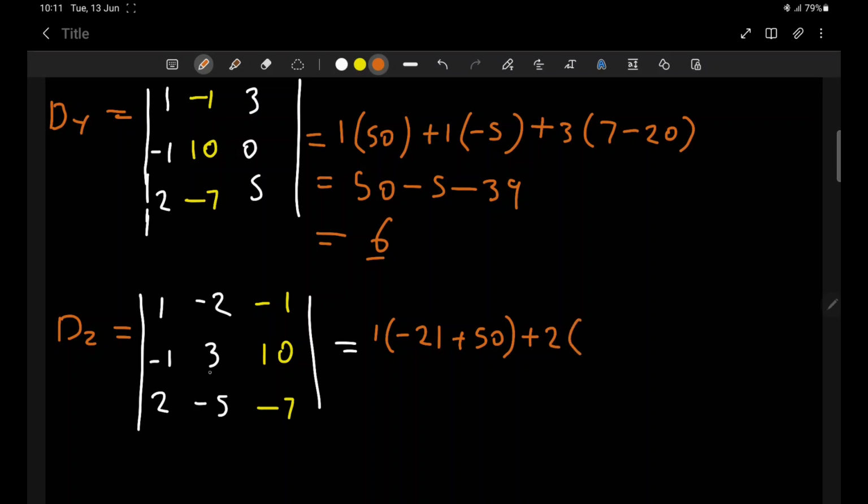So we hold this column and this row, so negative 1 by negative 7 will have a positive 7. Then 2 by 10 is 20, so negative 20.